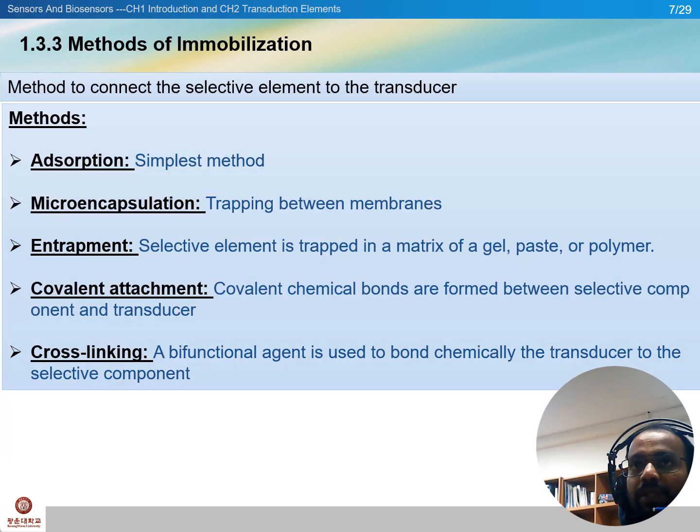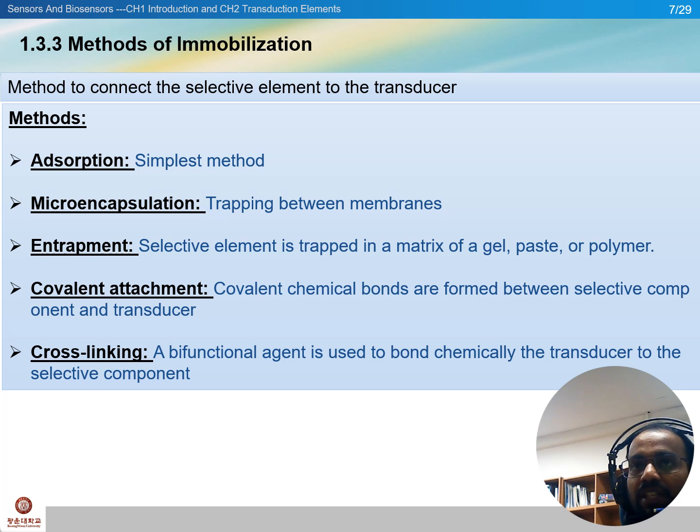Now talking about the method of immobilization, a method to connect the selective element to the transducer. There are different methods like absorption, microencapsulation, entrapment, covalent attachment, and cross-linking.